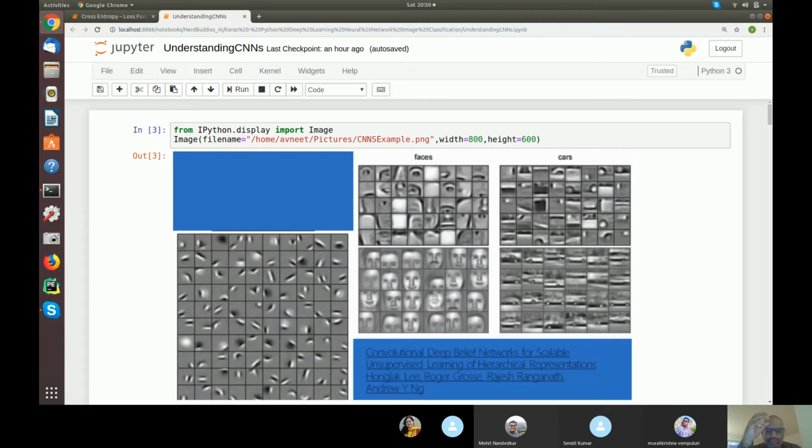Then, depending on what you're training it on, you'll start learning certain parts of those kinds of images. Like a nose or an ear or eyebrows for faces, and in the case of cars, it's more the tires and the doors and wheels and stuff like that. Is that learning sound natural, Avneet?